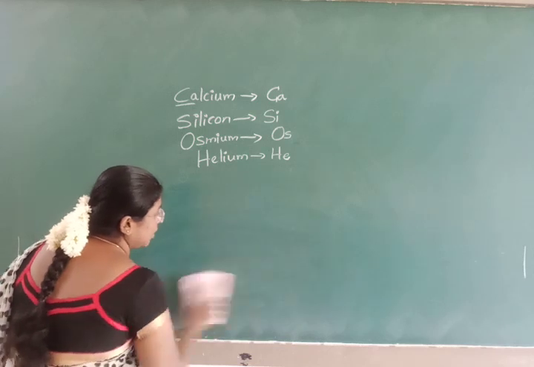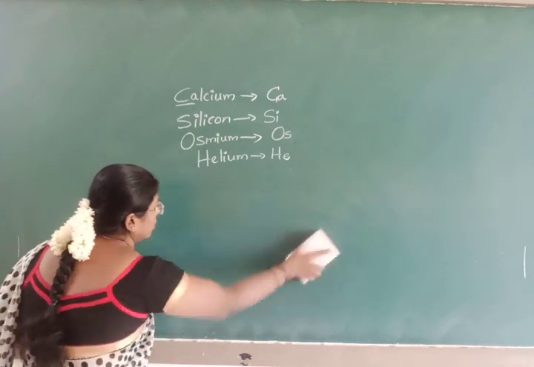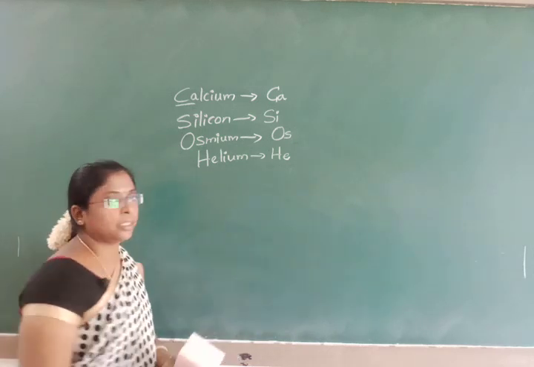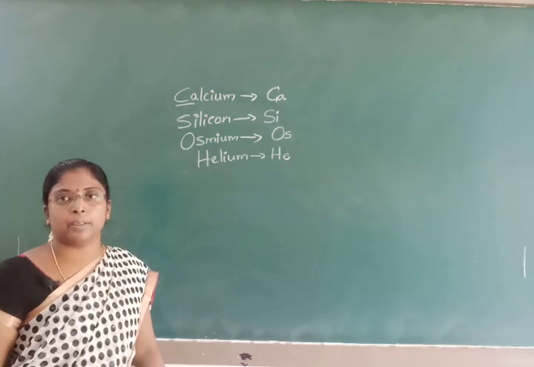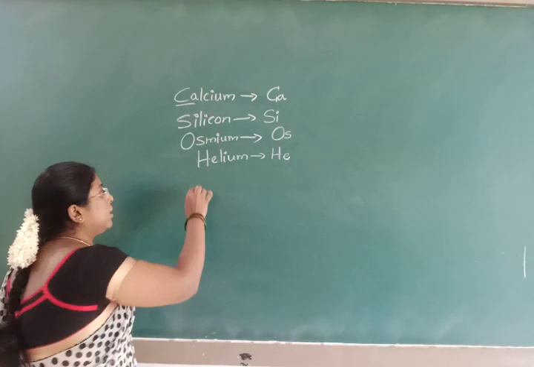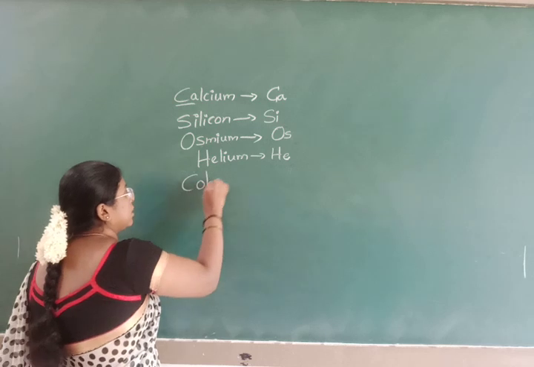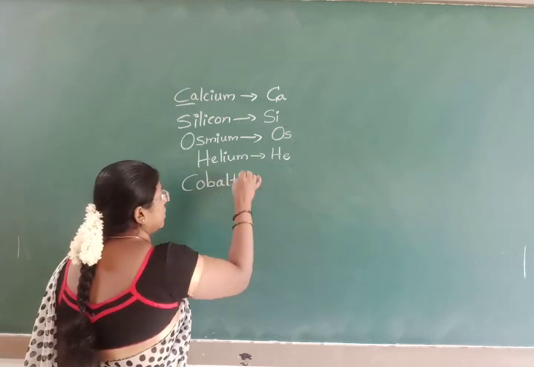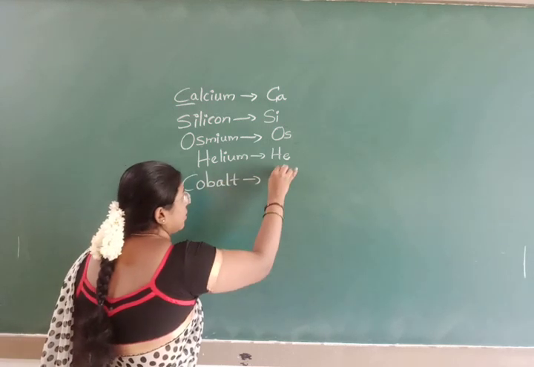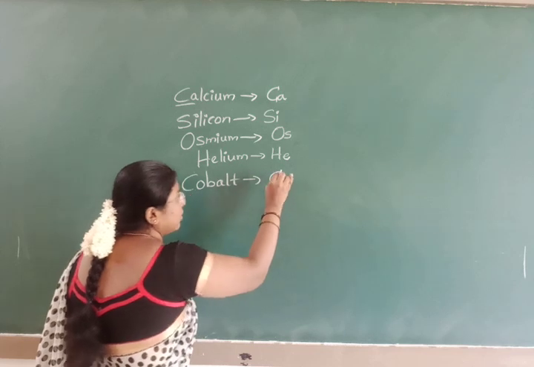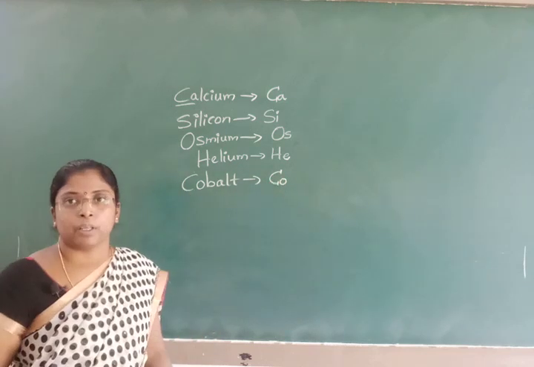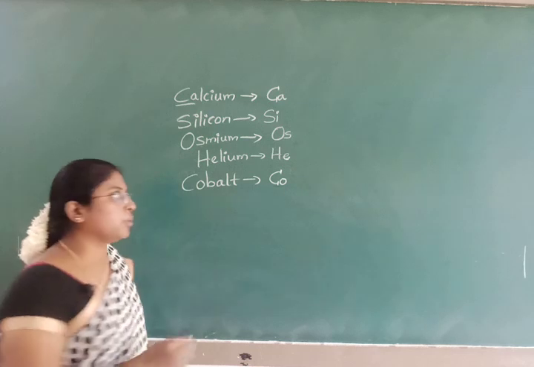Some of the elements were named based upon their Greek as well as Latin names. If I take cobalt, C is the first letter and we have to write the O in small. Why?